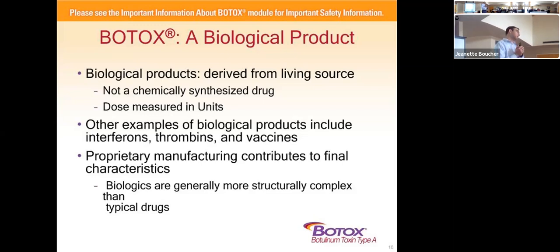But what they noticed is that it essentially weakens the muscle, and if you're overdosed on this naturally occurring toxin, you can have paralysis and even death. So I don't mean to scare you, but physicians and physician scientists have been able to utilize this toxin in small doses for a variety of treatments, one of which is spasticity.